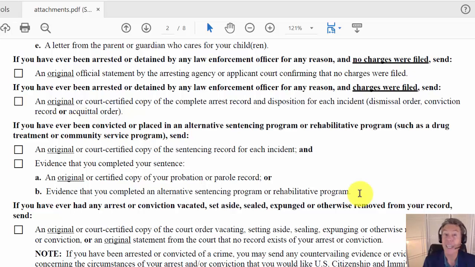It was a pre-plea sentencing of you to a drug rehab, a domestic violence class, some sort of probation, some sort of parole, some sort of alternative sentencing program that after you complete it, then you come back and they dismiss everything and you've never pled. Well, in theory that really works, but the Immigration Service still wants to see all those documents.